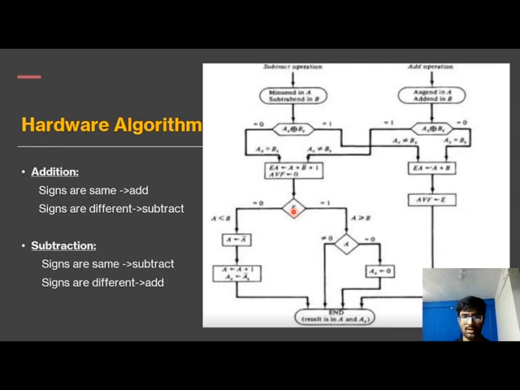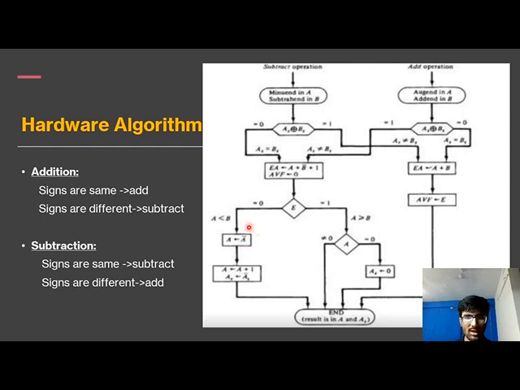What is carry? I have already told you that if carry equals 1, then A is greater than or equal to B. And if carry equals 0, then A is less than B. So if A is greater than or equal to B, then we see for A: if A equals 0, then AS will be 0 and it ends, and if A is not equal to 0, then it ends, and the result is in A and AS.